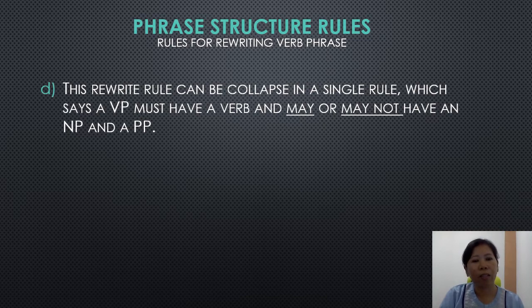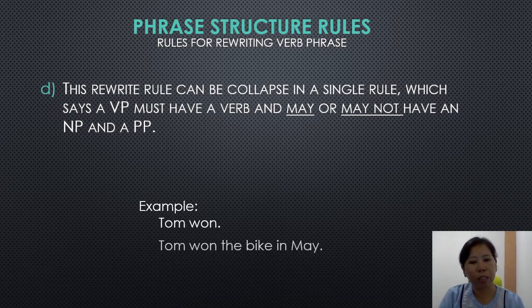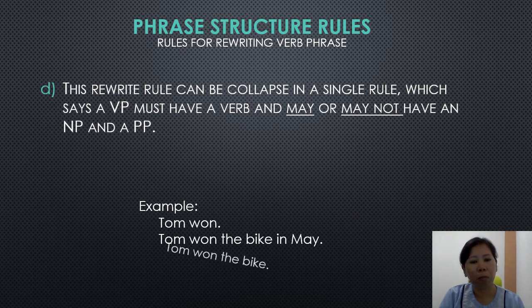And the fourth rule for rewriting a verb phrase indicates that a verb phrase may or may not have a noun phrase and a prepositional phrase. For example, Tom won.